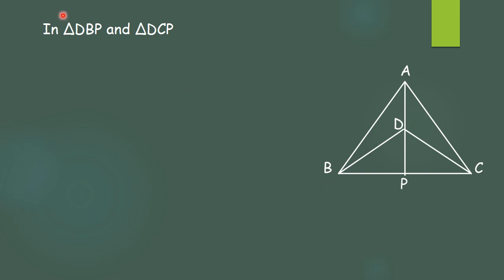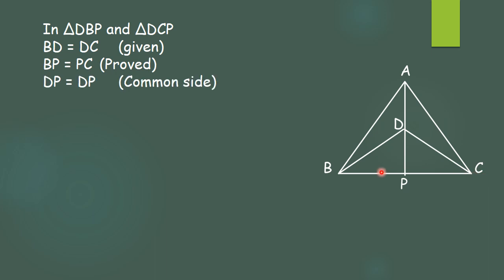We require three elements. One element is BD equal to DC, that is given. Second, just now we have proved BP is equal to PC, so that can be used. And third, DP is equal to DP, that is a common side. So all three sides of one triangle are equal to the three sides of the other triangle, and so these two triangles are congruent by SSS congruency.